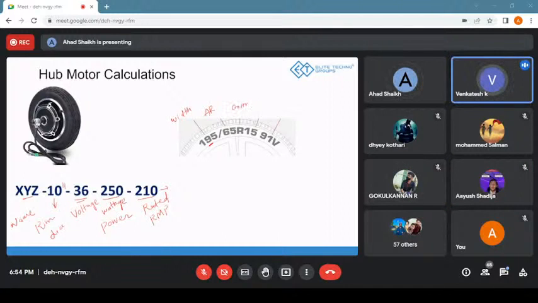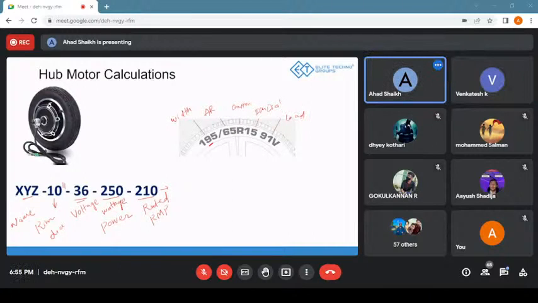And 15 represents the rim diameter. 91 represents the load index. Correct, Venkatesh. We'll talk about each and every term here.